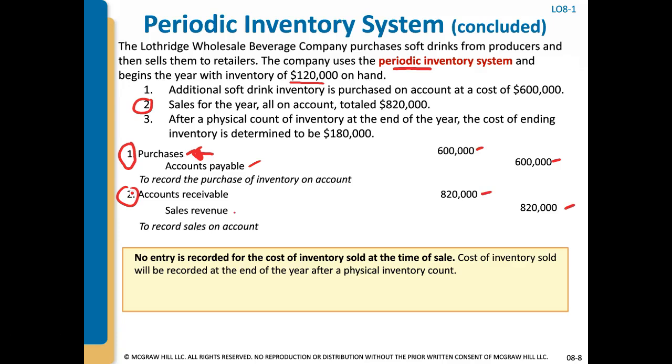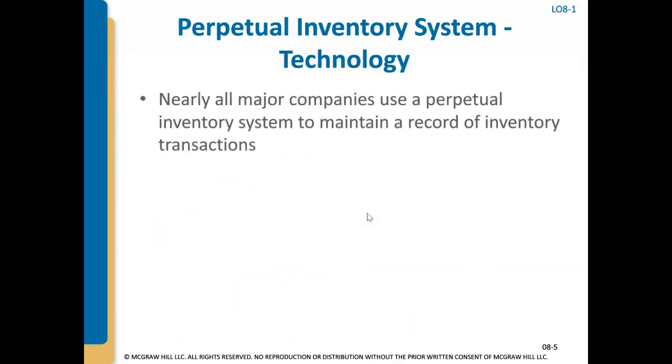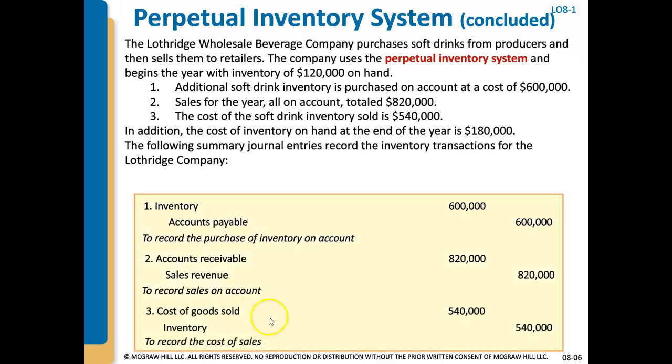Now, if you remember, in the perpetual inventory system, whenever we make a sale, it's a 2-entry system. One was for the sale, and the second entry was to record the cost of goods sold. If we go back up here to the perpetual, here it is, number 3. When we have a sale of inventory under the perpetual, we always record the sales and we always record the cost of goods sold in inventory right here.